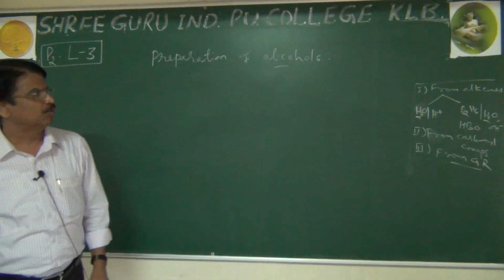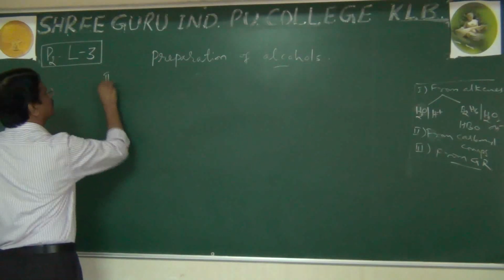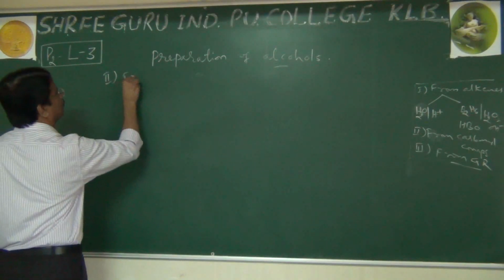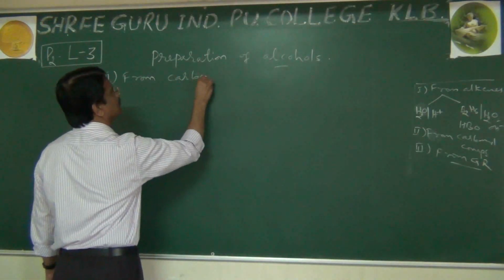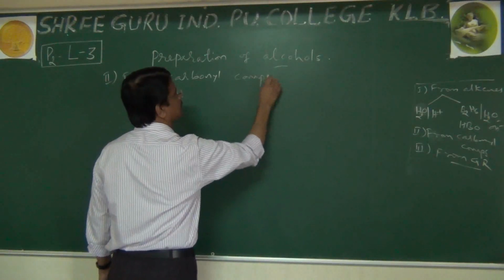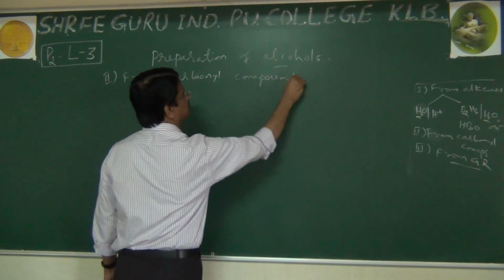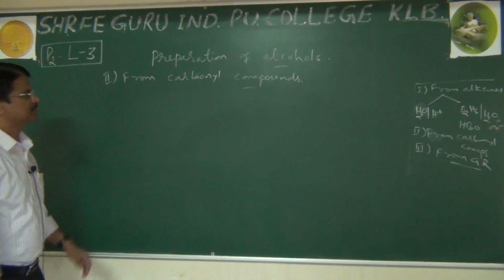So from alkenes over, next we can study from carbonyl compounds. Second method, from carbonyl compounds. See, what are these carbonyl compounds?